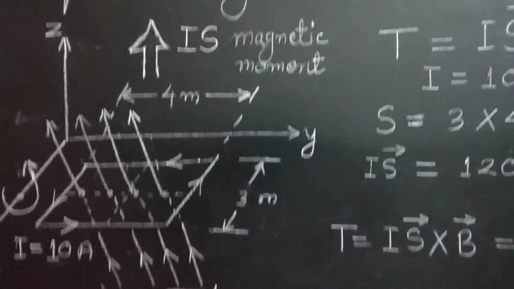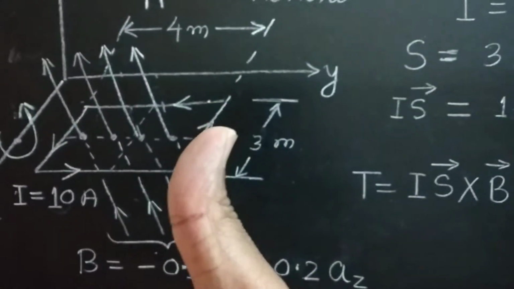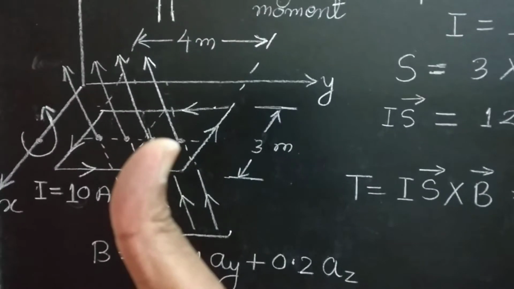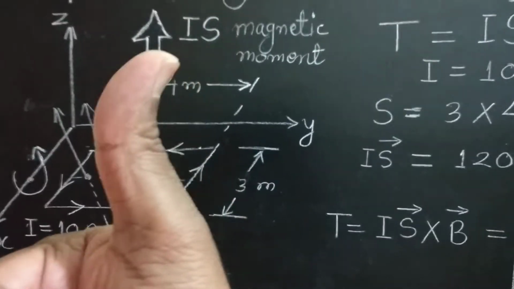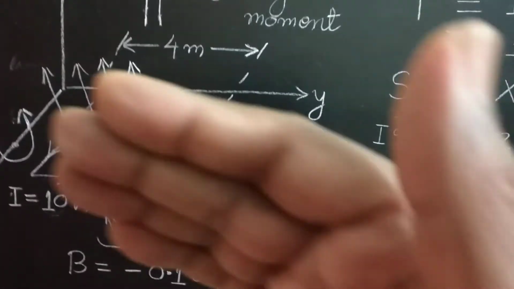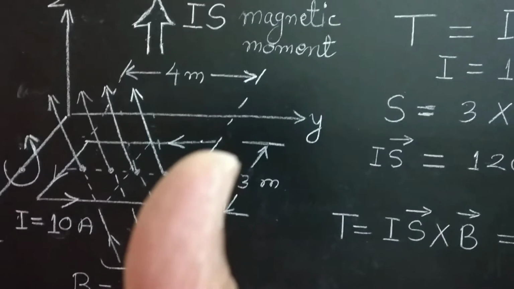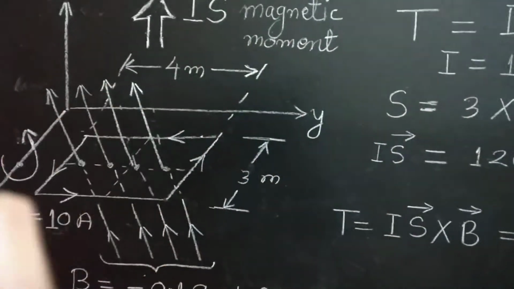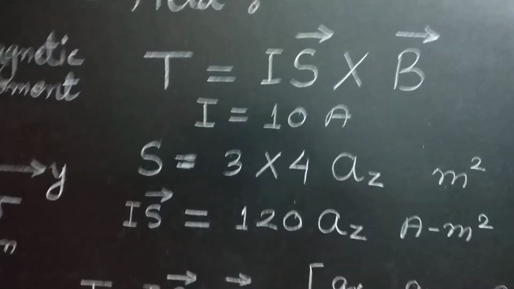If the current is flowing like this, the direction of IS, the magnetic moment, will be upside. This is the direction of IS. The magnetic moment will be generated by the current, and this direction will be in the AZ direction, because the loop is in the XY plane.